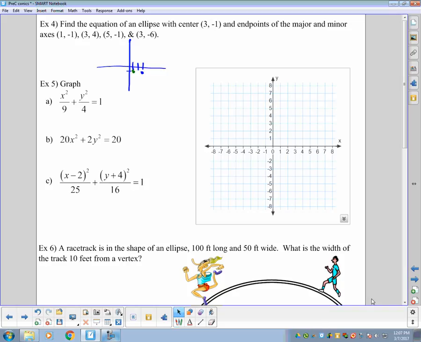Another one at 3, comma 4. And then another point at 5, negative 1.